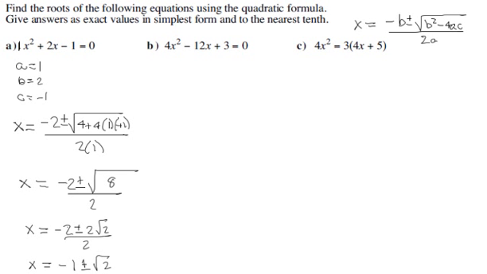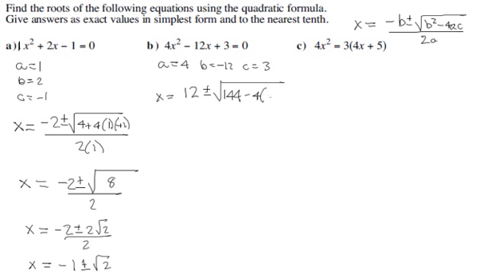Same drill again. Here, a is 4, b is negative 12, c is 3. So our solutions should be minus negative 12, plus or minus root, b squared is 144. I ran out of space in the previous one, so now I'm trying to do a little more work early.